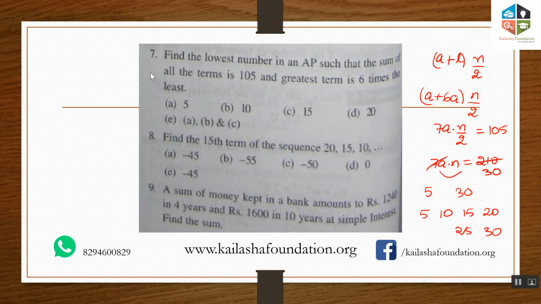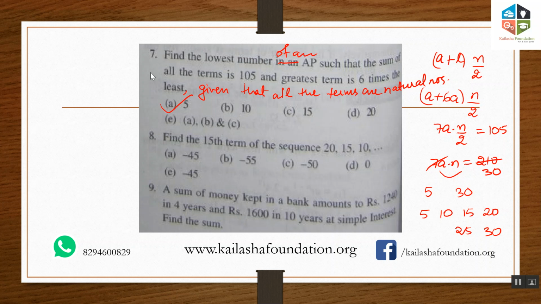Find the lowest term of the AP such that the sum of all the terms is 105 and the greatest term is 6 times the least, given that all the terms are natural numbers. Then this problem will be correct and the answer will be 5.